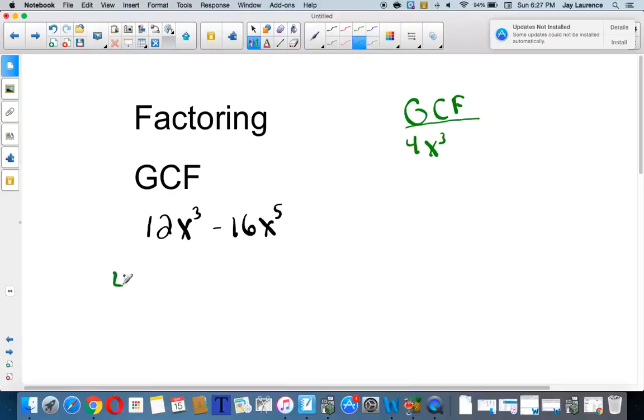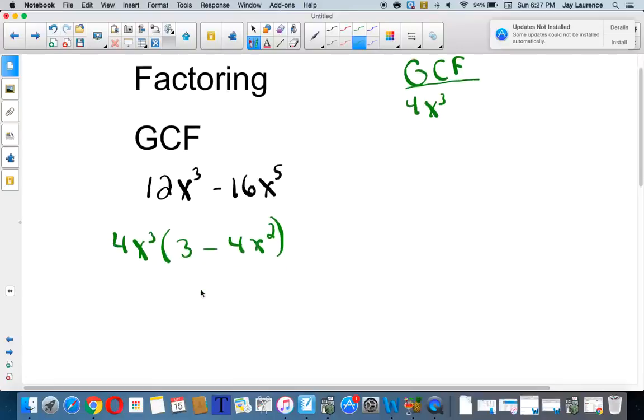So I'm going to factor out a 4x cubed, and then I'm going to get a 3 minus a 4x squared. Now, this cannot be factored anymore. A lot of times when we factor out a GCF, it makes things simpler so that we can factor more easily later on. This one will not be able to be factored, okay?